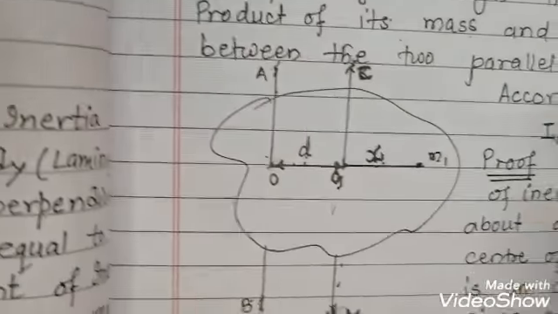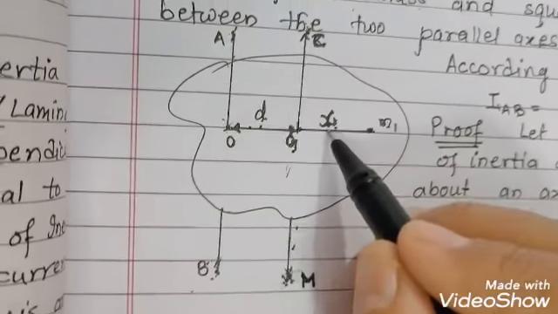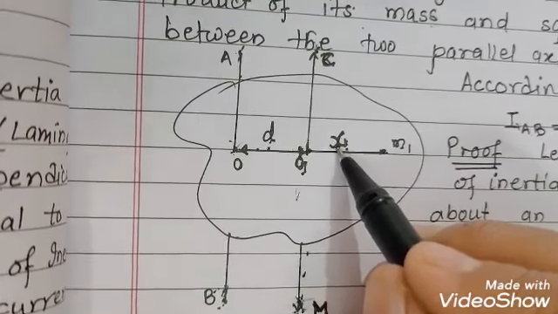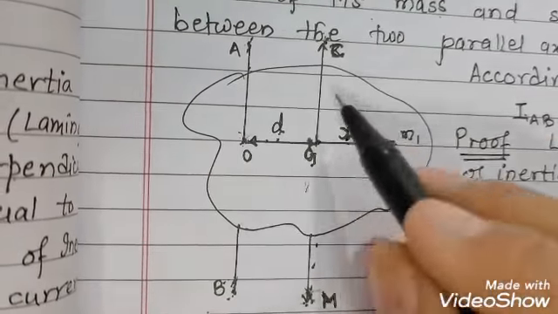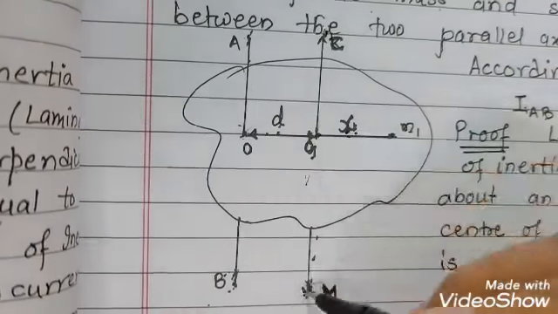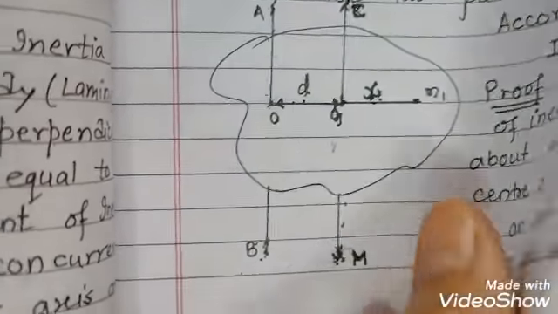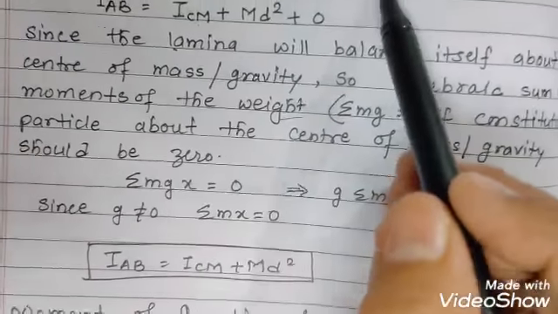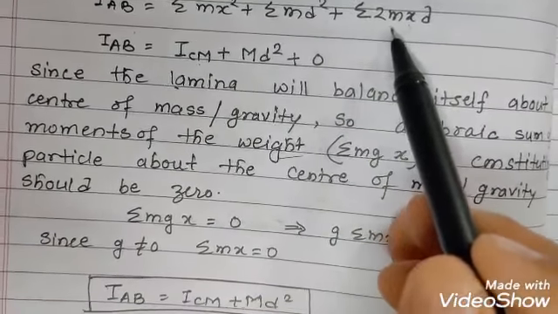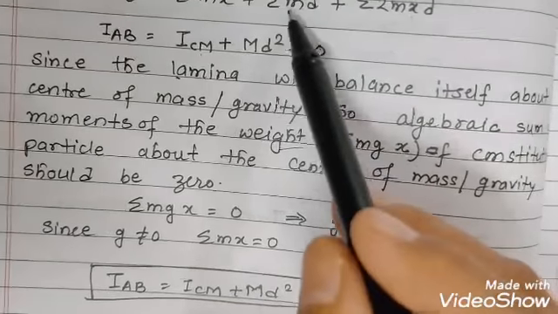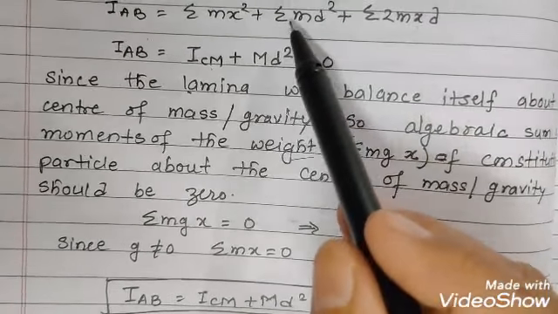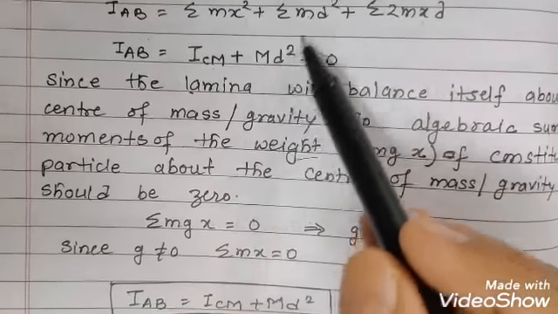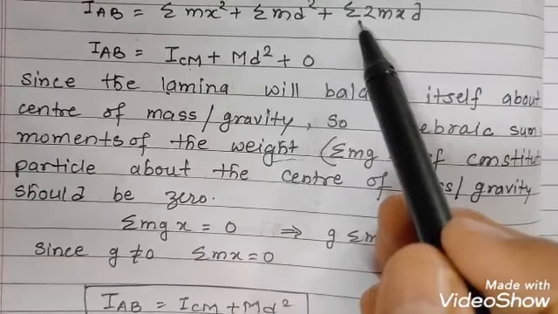As I explained, the distance x here, so summation mx square means the moment of inertia of this body about the axis CM. Another quantity came here, summation 2mxd, and this is summation md square. Summation md square, where summation m gives the total mass capital M, gives M d square.